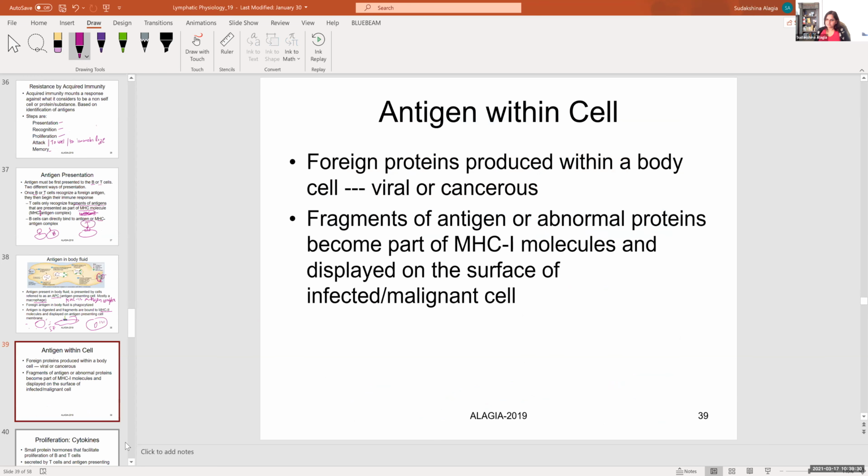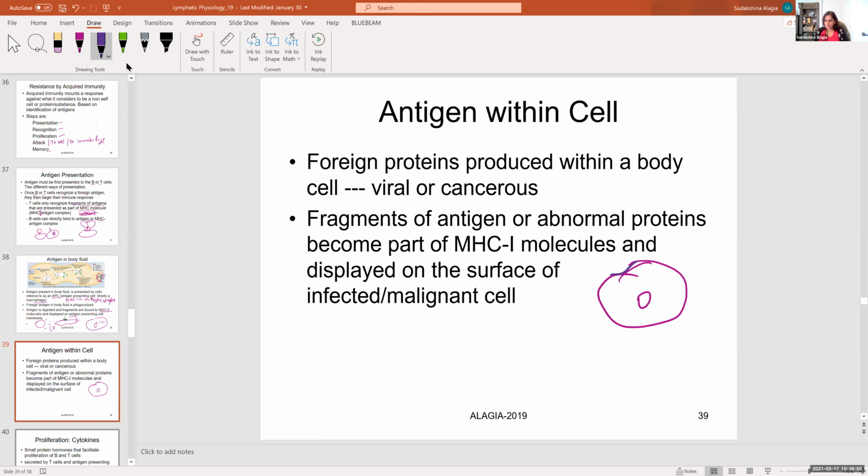What about the virus? Well, a virus infects our nucleated cell, as we saw. So when the cell is secreting interferon, it's also doing something else. Those cells that are infected with the virus and the virus has not replicated yet, they do the same thing.